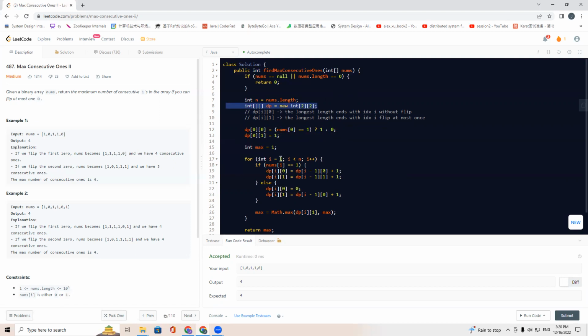So we just have this. That means, because after we calculate the next dp value, the previous one is not necessary anymore, right?